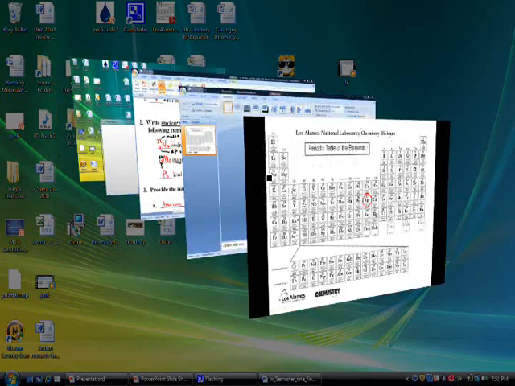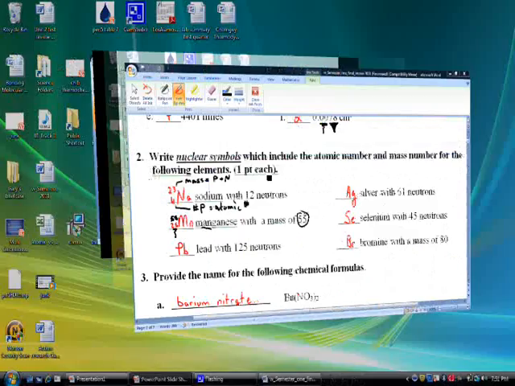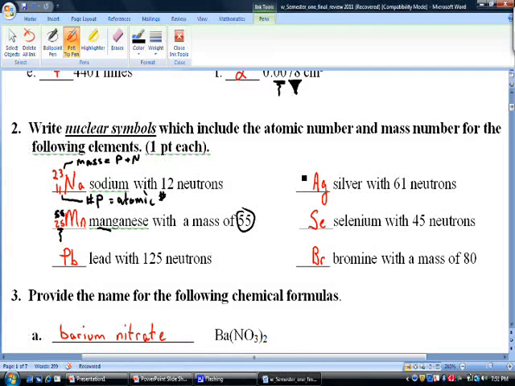So when we go to our worksheet, we put the atomic number right down here, number 47. And if it has 61 neutrons, that means it has 108 for a mass number. And so that's how you answer these.